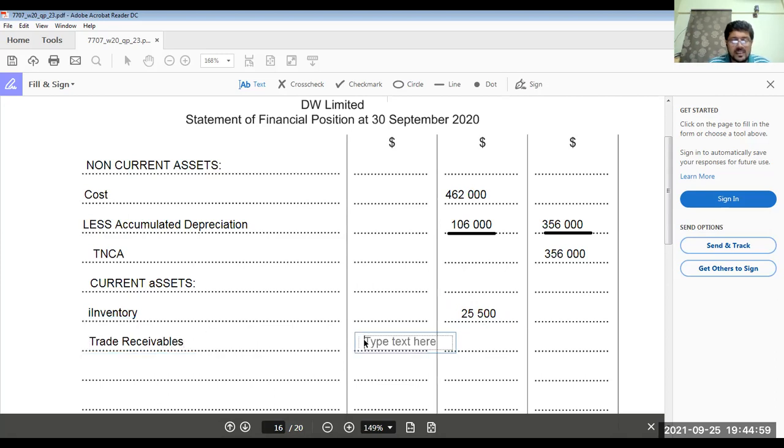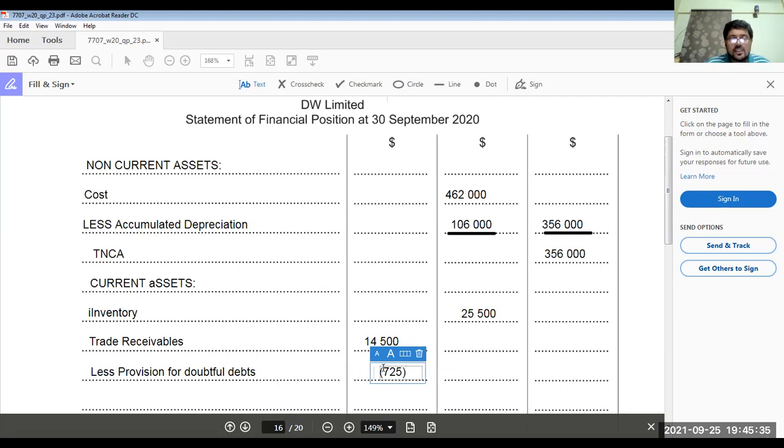Trade receivables is how much? Trade receivable is 14,500, but we have to deduct provision for doubtful debts, and we calculated it 725.